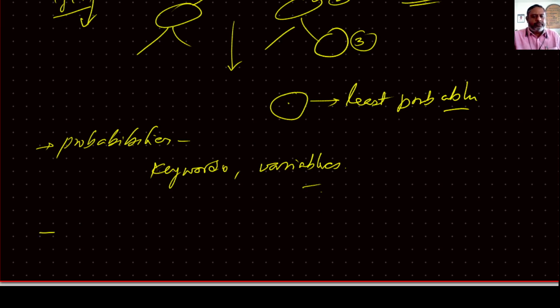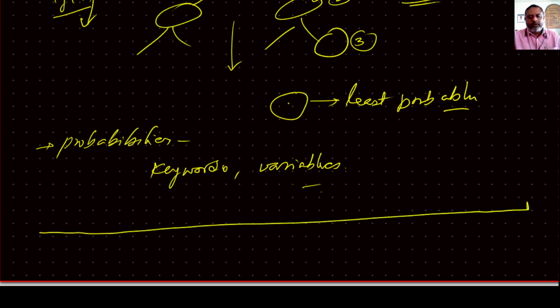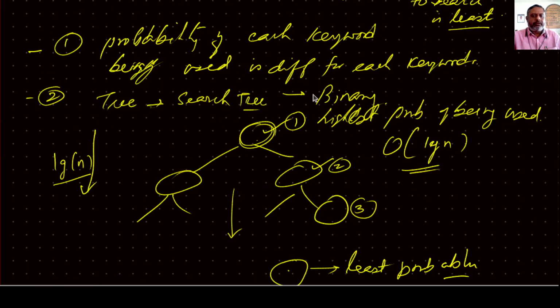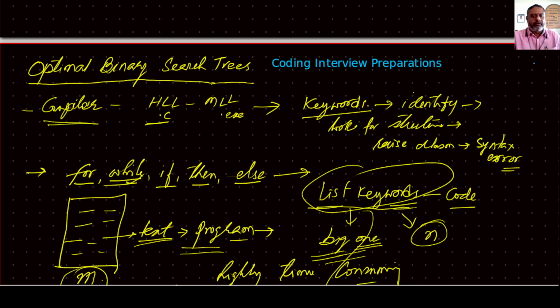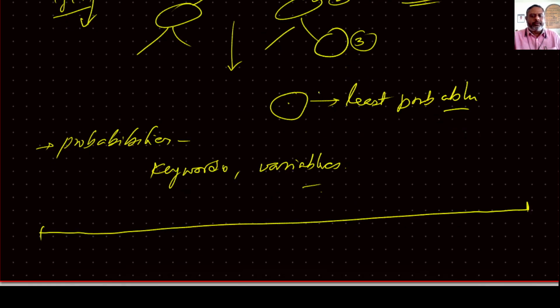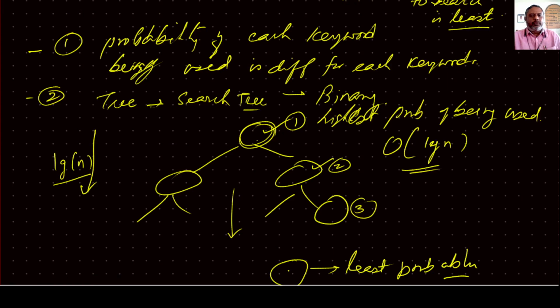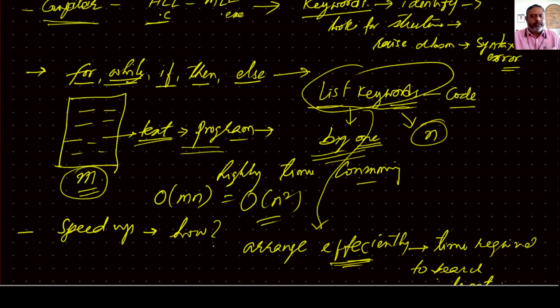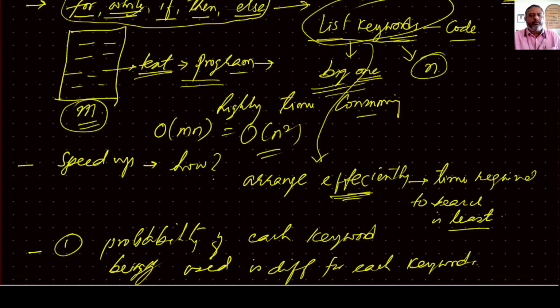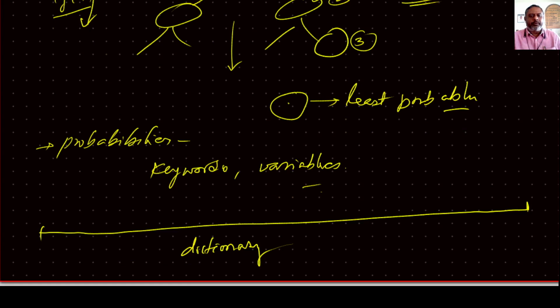So if you just look into a dictionary, because when you say search tree, you are talking about a sorted one, and sorted means I am looking at some dictionary. Now if you look at the dictionary, these words are very small in size compared to the number of words the dictionary includes.